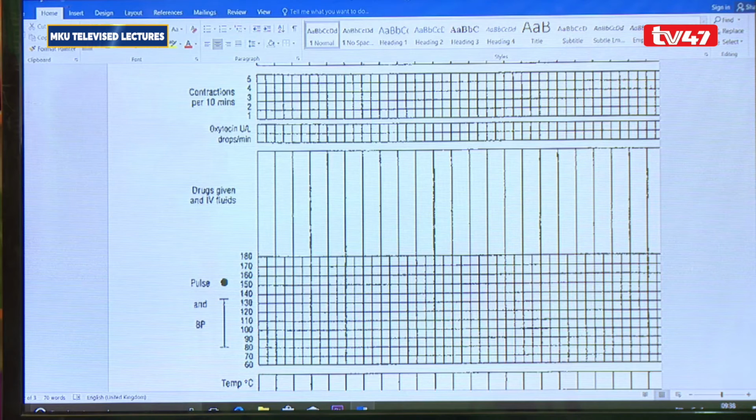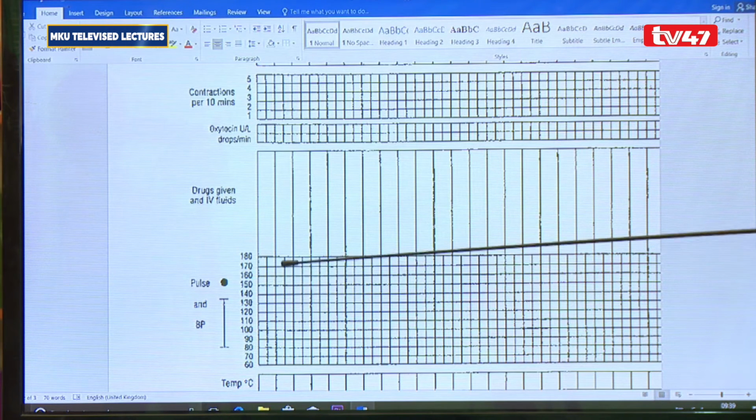This is because it is important to know what drugs we gave to this mother during labor, because they may affect labor either directly or indirectly. It is also a mode of documentation for us as midwives, because as we said, this is a legal document that is internationally accepted, developed by the World Health Organization, and used by all midwives all over the world.